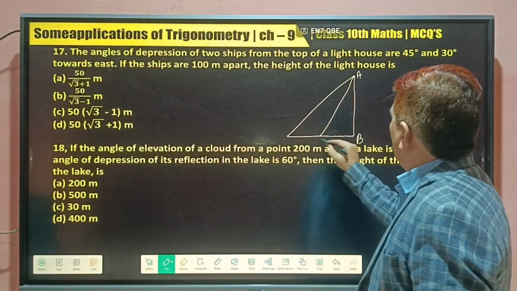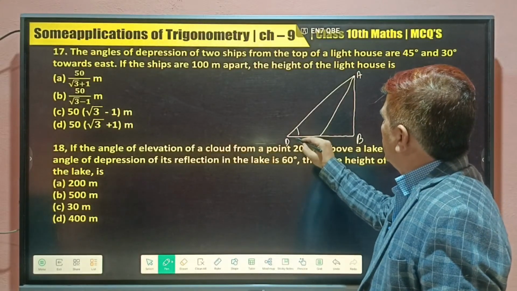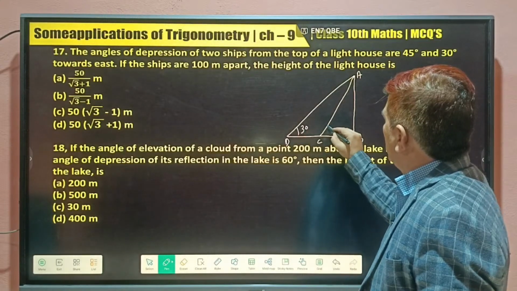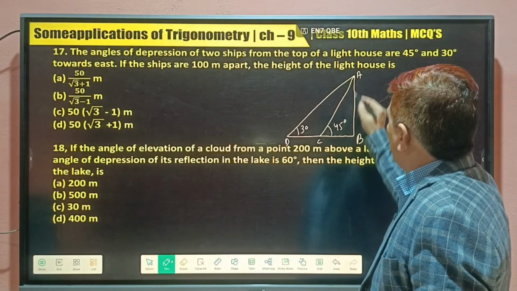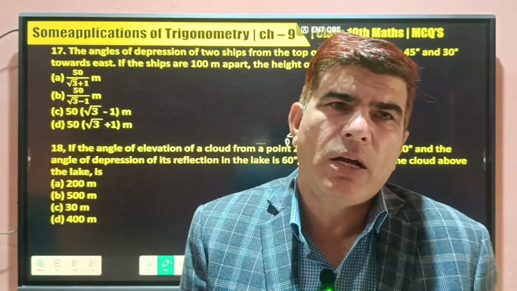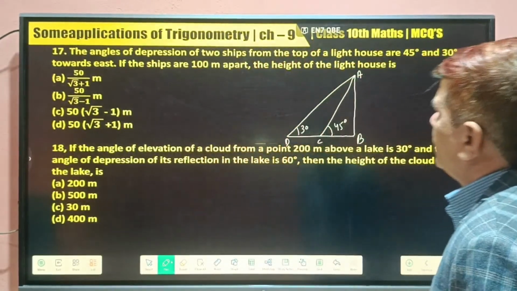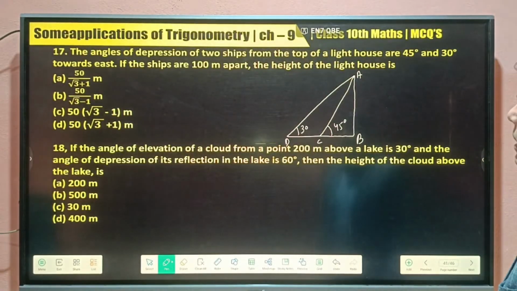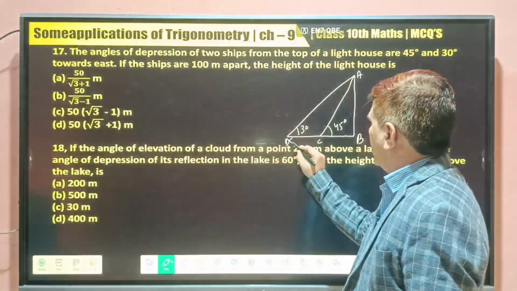A, B, C, D. This point making 30-degree angle and this ship making 45-degree angle with the angle of elevation of the top of the lighthouse. If the ships are 100 meter apart, so this distance is how much?